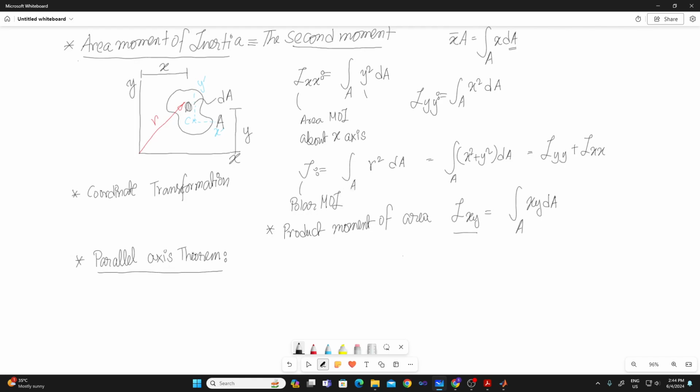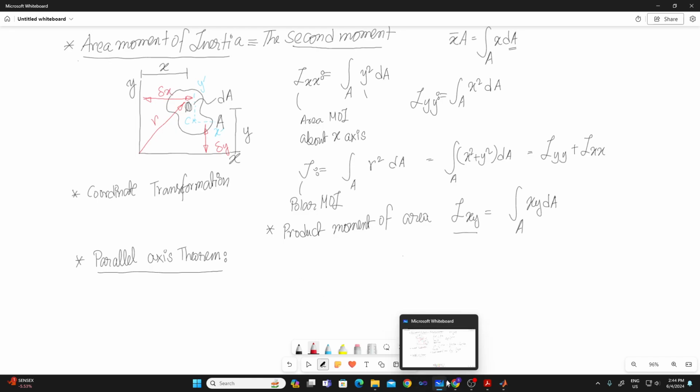Okay, so the parallel axis theorem tells you that if the distances of the centroidal axis are respectively delta y and delta x from the global coordinate system.